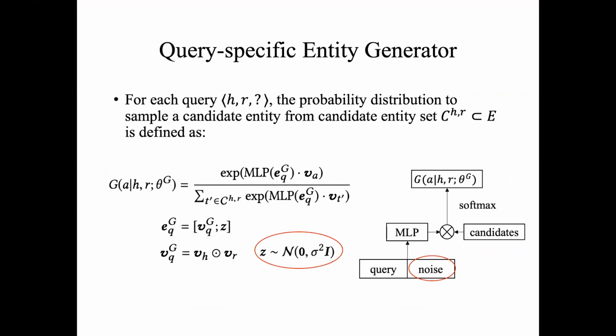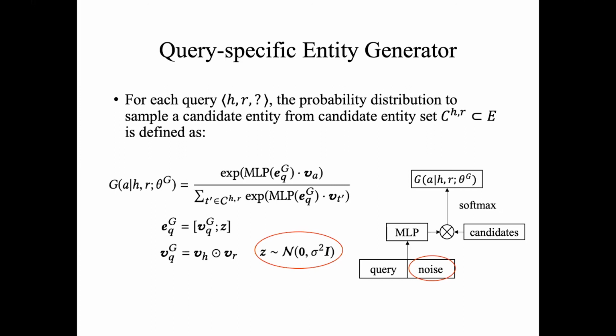In our opinion, generative adversarial learning is usually applied in computer vision. They often adopt noise to learn the distribution.